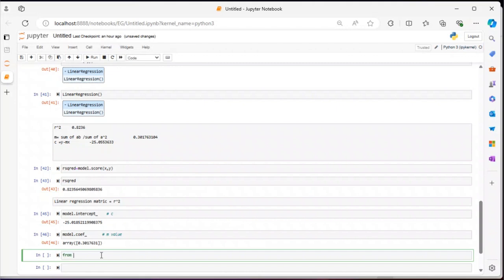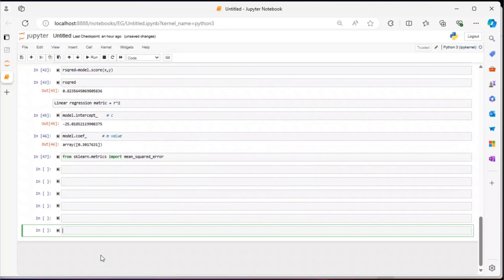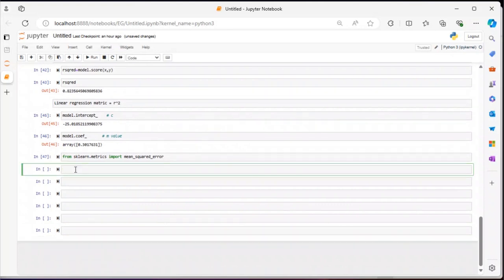So let us calculate that. From sklearn dot metrics, import mean squared error. We want mean absolute error, mean squared error.